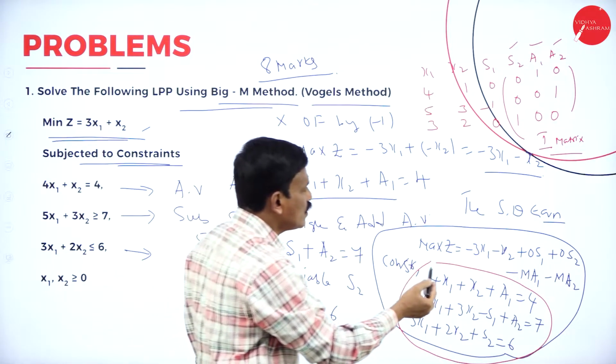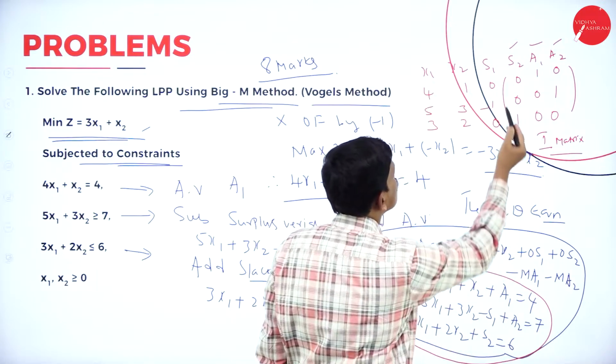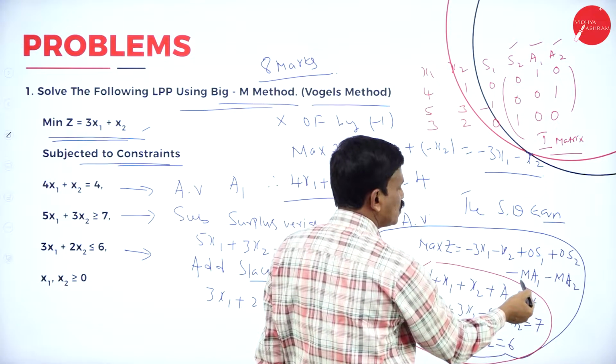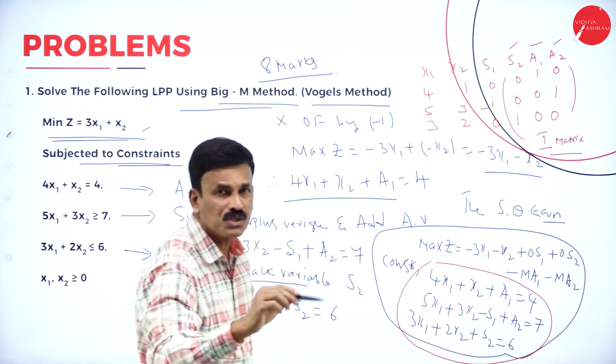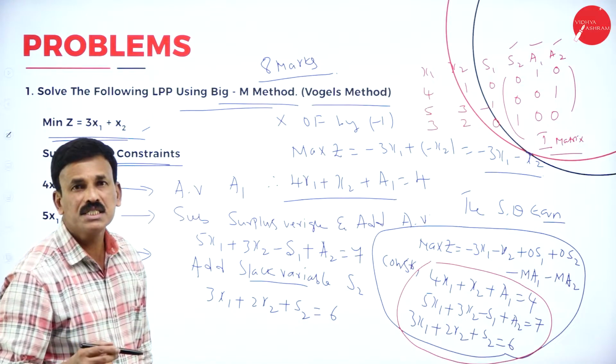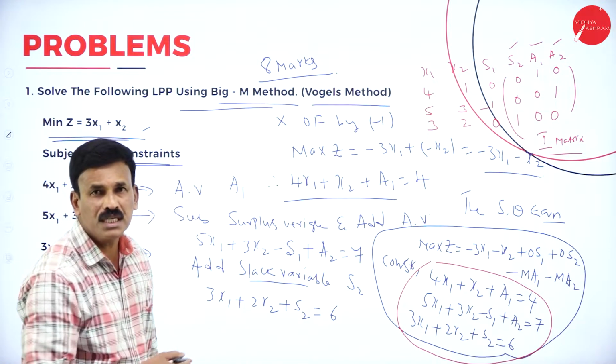The coefficient of s2 is 0 and the coefficients of a1 and a2 are -M and -M. Let us construct the initial simplex table with these conditions.